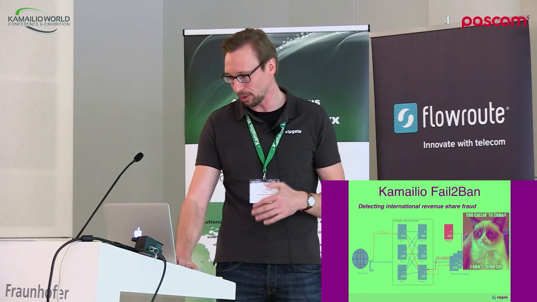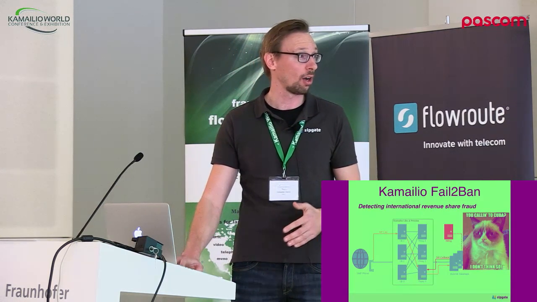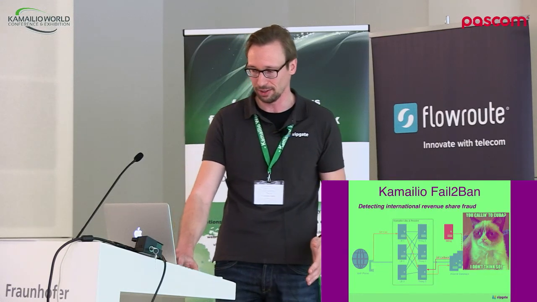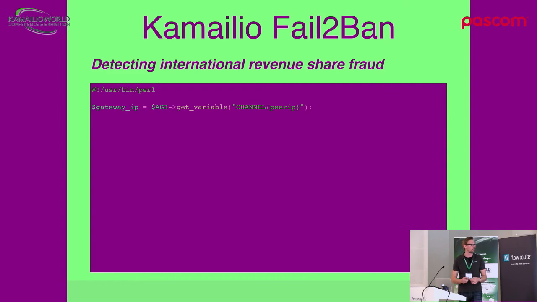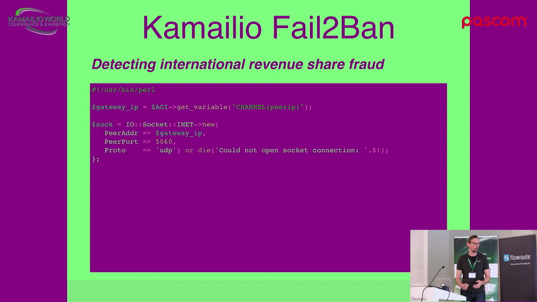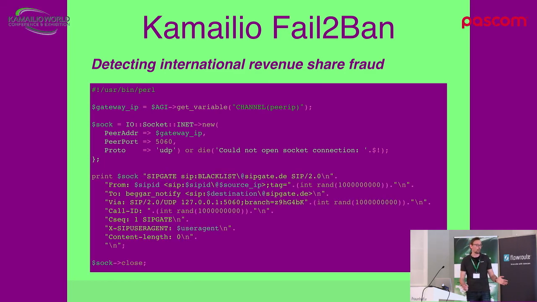So what we are doing is we're calling an AGI script, and this AGI script is first extracting the IP address of the peer where the call came from, and then opens up a raw SIP socket or raw UDP socket, and then handcrafts a packet.